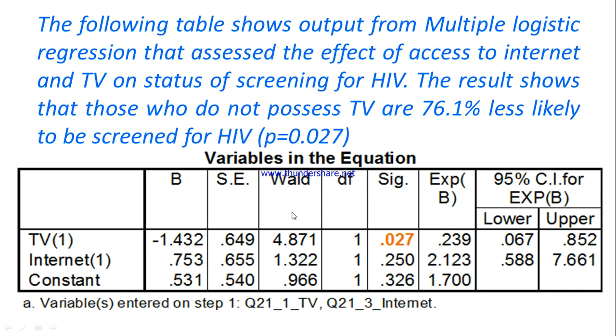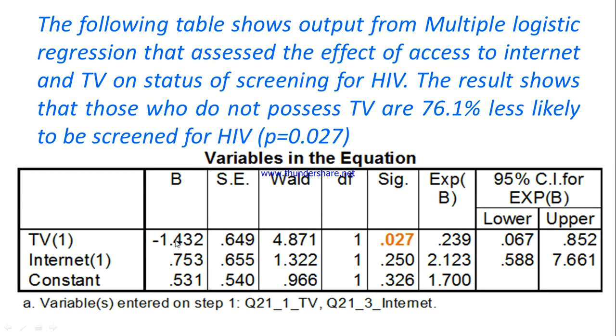The most important table that we have to make conclusions from in this multiple logistic regression is the variables in the equation. If you look at the television, possession of a television, some people have television and others do not. So which group of people are more likely to be tested for HIV/AIDS? That's what you have seen.